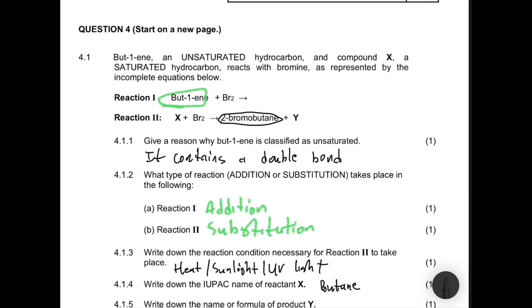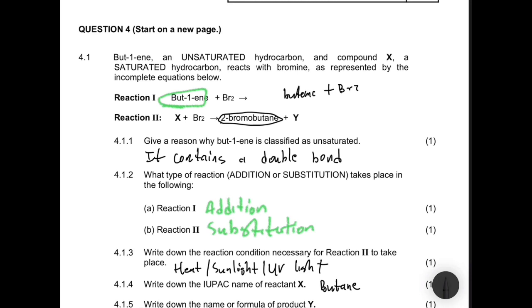Okay, so again, when we have a chemical equation, whatever is on the left must be present on the right, right? It needs to be balanced. So we have butane, and then we add in bromine, and then we get 2-bromobutane.